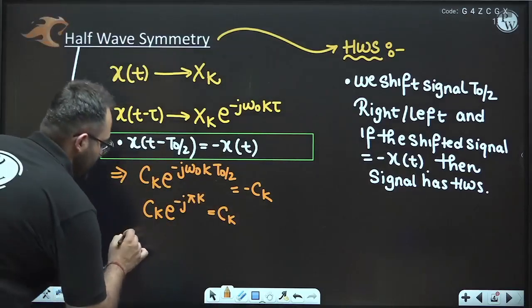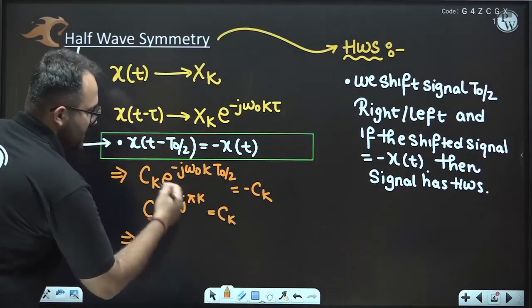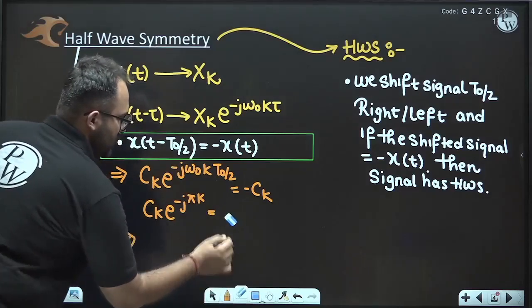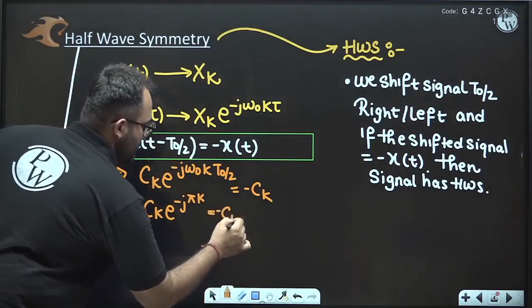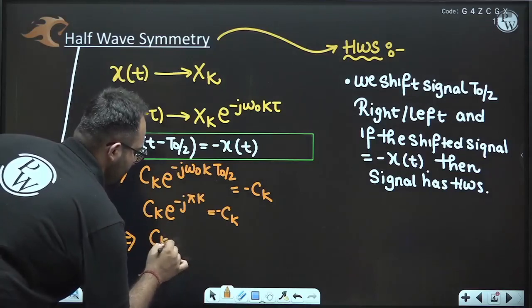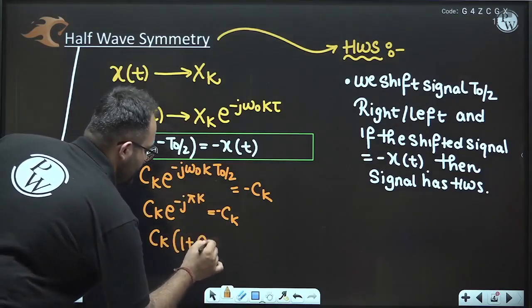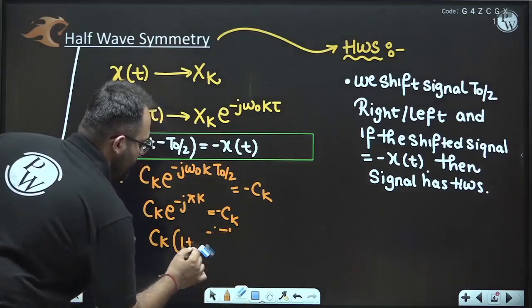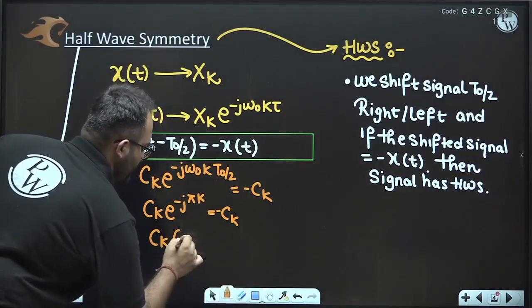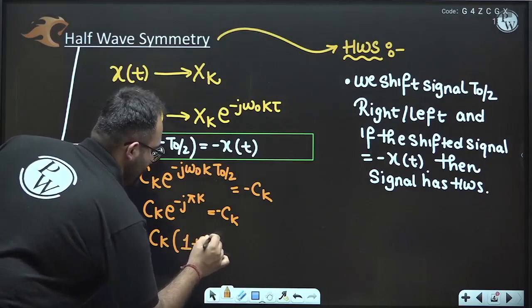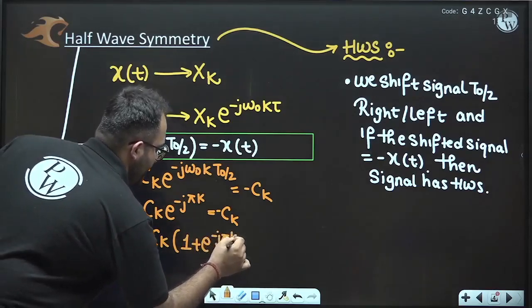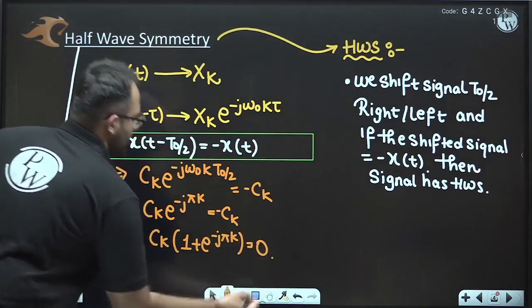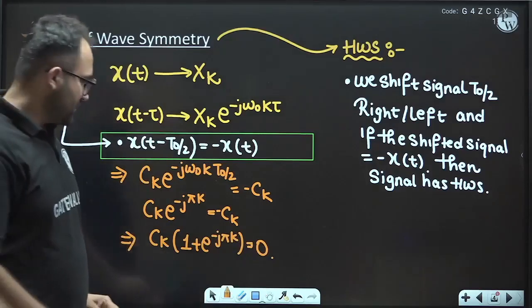So if we take c_k to the left hand side, this will become c_k times (1 plus e to power minus j pi k) is equal to 0. So this is the equation that we'll get.